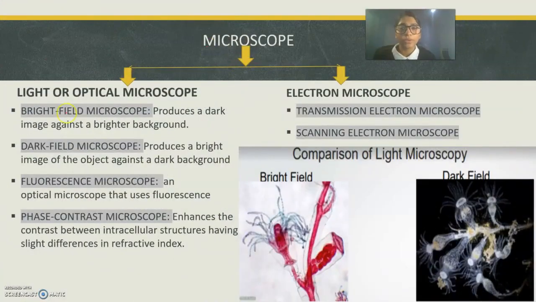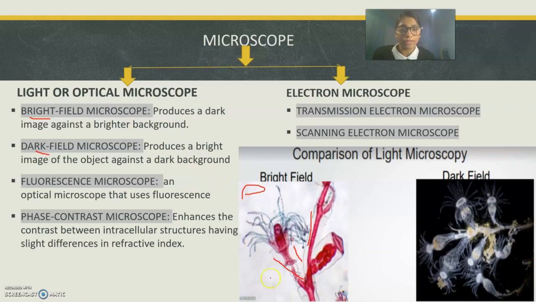Now, for the optical microscope from the previous slide, it is divided into the bright field microscope, dark field microscope, fluorescence and phase contrast microscope. In bright field microscopy, the specimen appears as a dark image against a brighter background. Here you can see this is a dark image and the background is brighter.